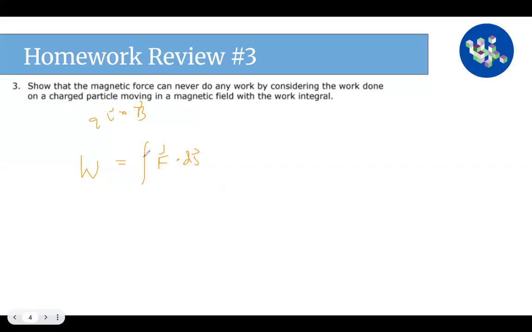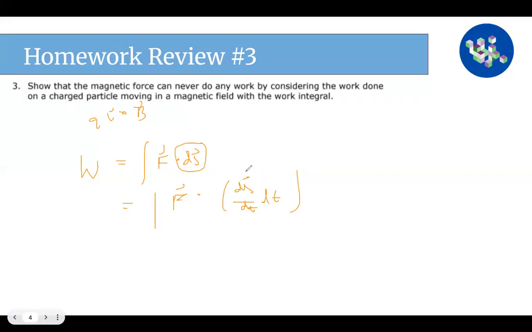So it'll be the integral of the F vector dot ds vector. Well, what is this ds vector? I can also write it as the integral of F dot ds over dt, and then times dt again. That's just multiplication, because the two dt's cancel, right?